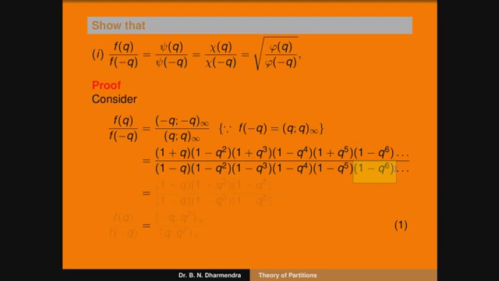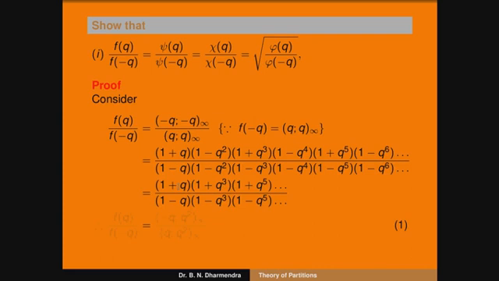So it can be written as: the numerator is 1 plus q, 1 plus q cube, 1 plus q to the power of 5, up to infinite terms, and the denominator is 1 minus q, 1 minus q cube, 1 minus q to the power of 5. We can observe that 1 plus q means 1 minus of minus q, that is the definition of the q-shifted factorial.